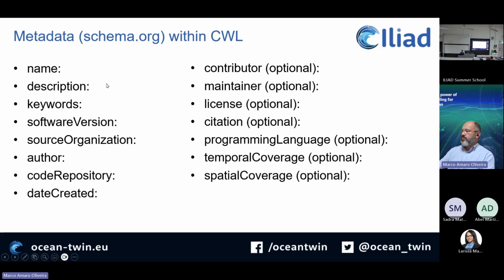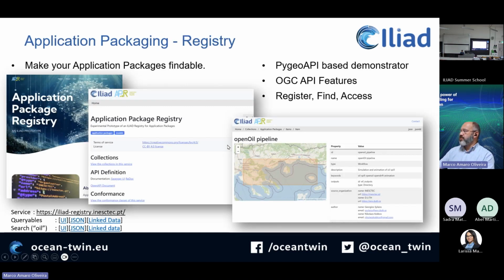We have the name, description, keyword, software version, source organization, author, code repository, and date created. And as optional, other contributors, the maintainer, license, citation, the programming language, temporal coverage, and spatial coverage of the processing tools and pipelines.